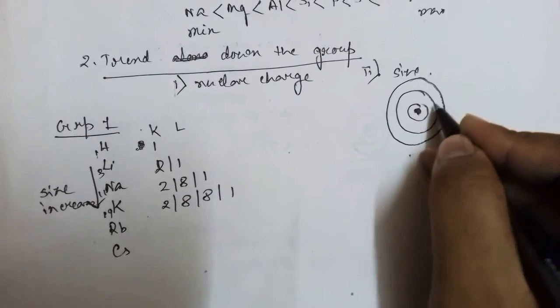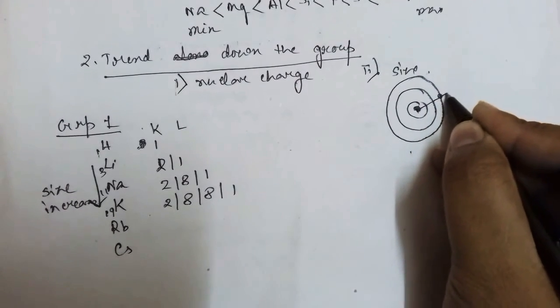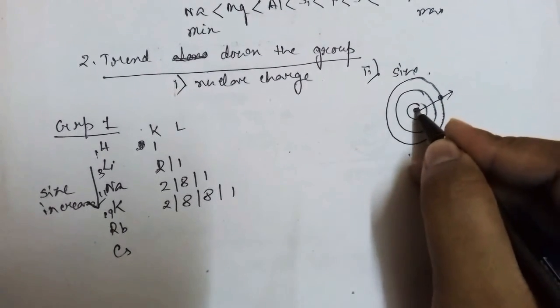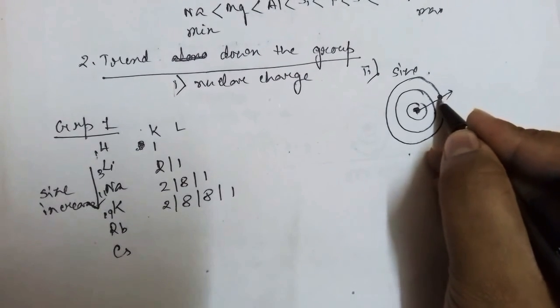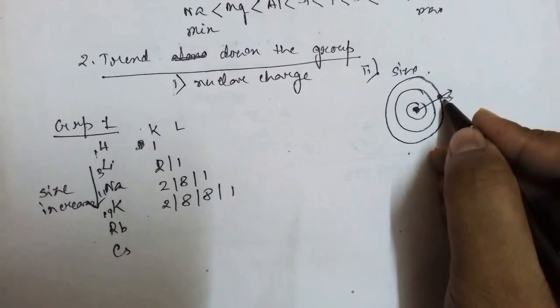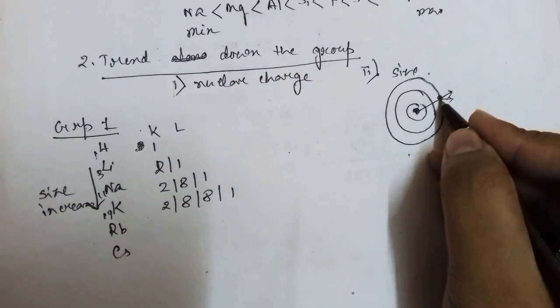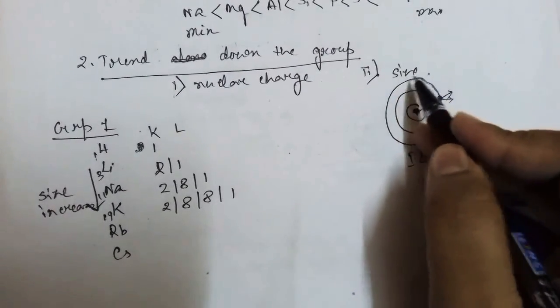From the nucleus, the outermost shell electron is far away. As it is far away, the least energy is needed to remove it, right? It is less tightly bound. So ionization energy decreases for this factor.